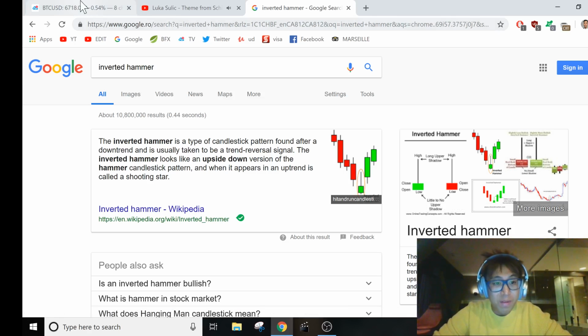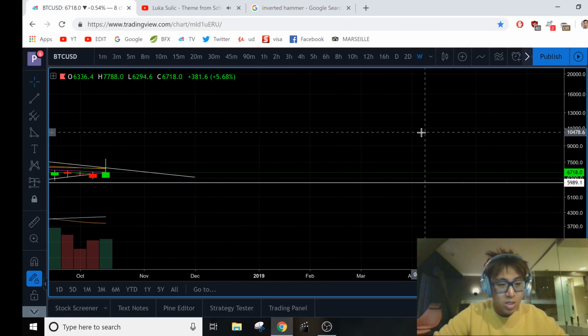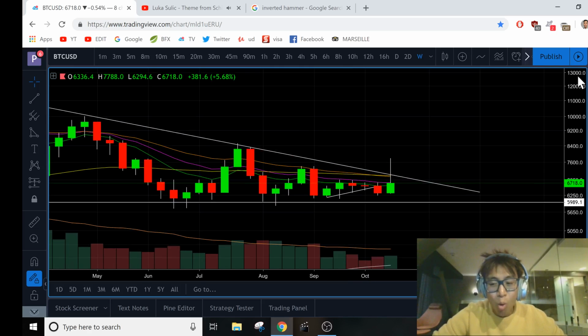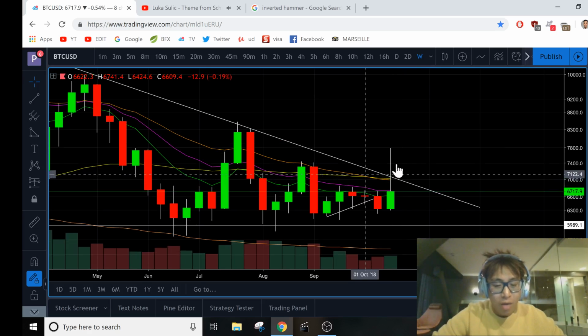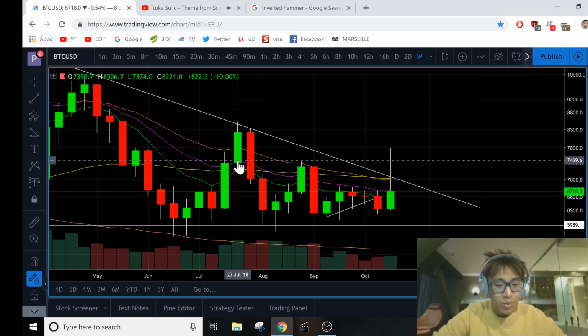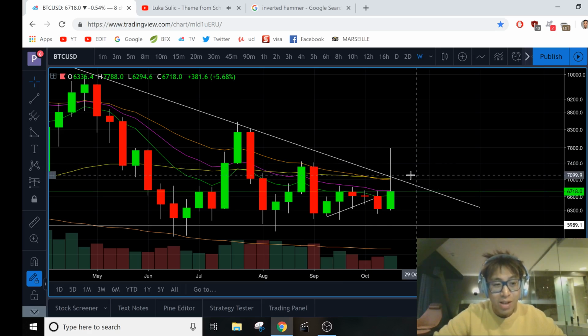Now, you guys might be mistaking this for an inverted hammer right here, but that's not the way that I see it. The way that I see it is the bulls simply attempted to break it back above the 55 moving average, where the last time it was above it was in July. The bulls tried really hard to break above it, but what ended up happening was the bears just completely rejected them and pushed it all the way down, right?